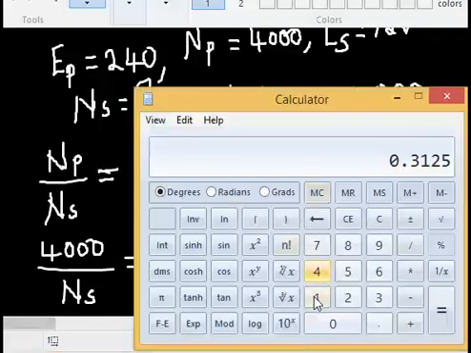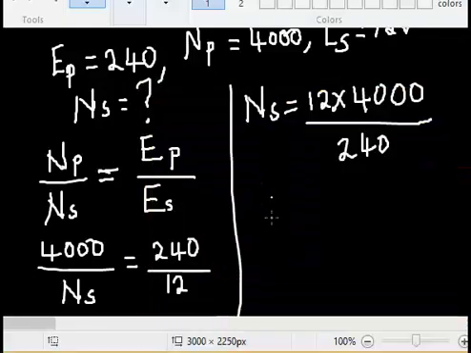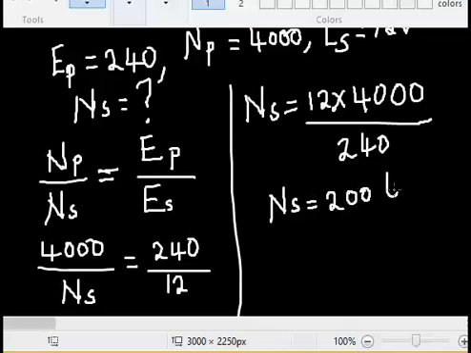Okay, so 12 times 4000 divided by 240 is 200 turns. So NS is 200 turns.